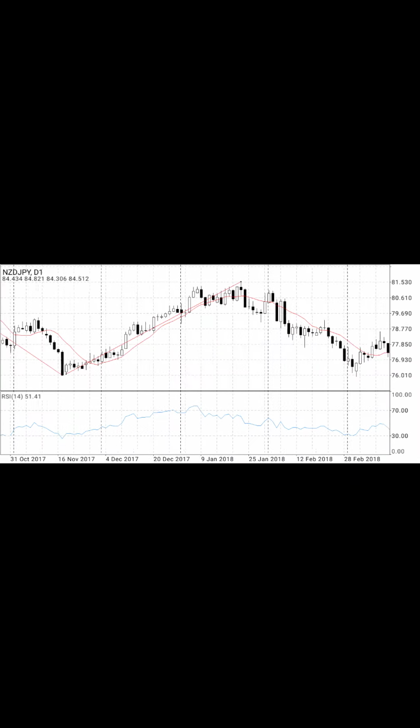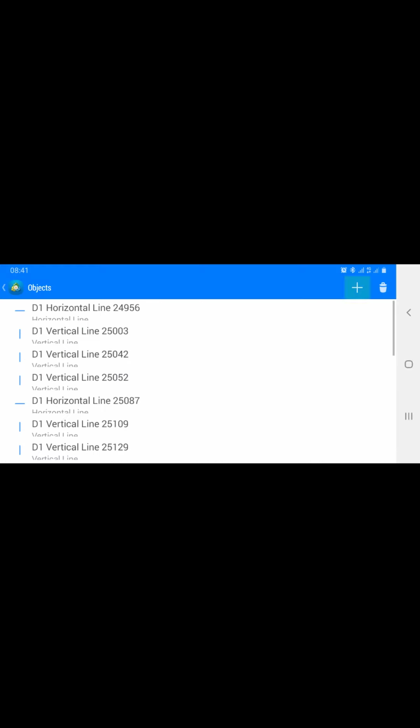that created new lows. So let's highlight this low right here so that you can see the new low.